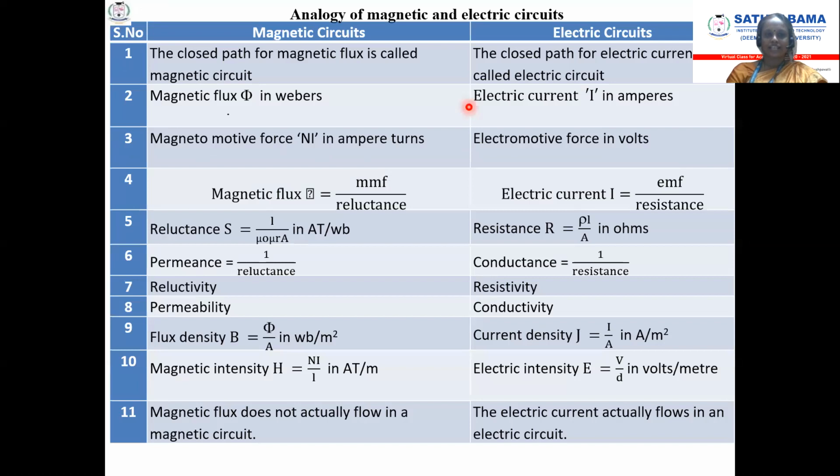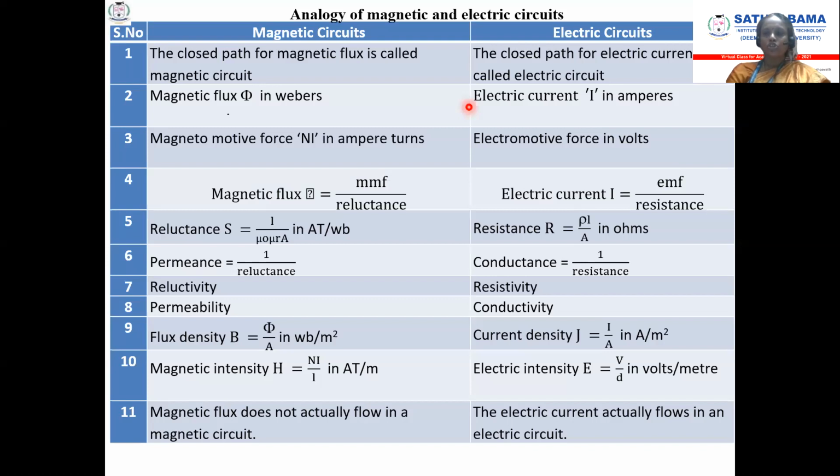Okay, magnetic circuit. We all know the closed path for the magnetic flux is called a magnetic circuit. And what is an electric circuit? The closed path for the electric current is called an electric circuit. The magnetic field will be created by a temporary magnet, permanent magnet, or electromagnets.